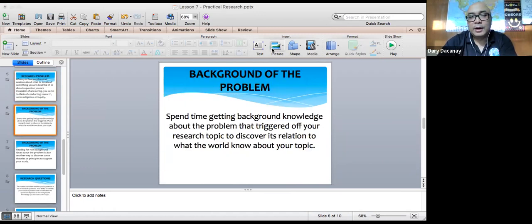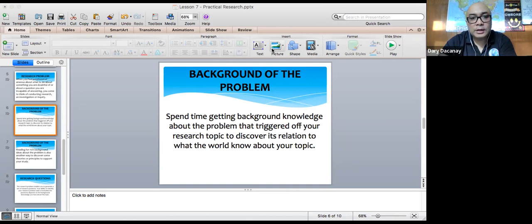Now, another important part is the background of the problem. This is very important because you need to tell your readers where you are coming from. Normally in the background of the problem, you need to state prior information about your research.